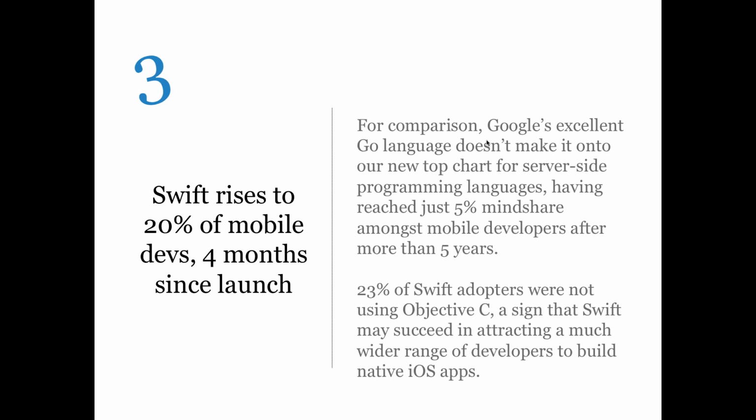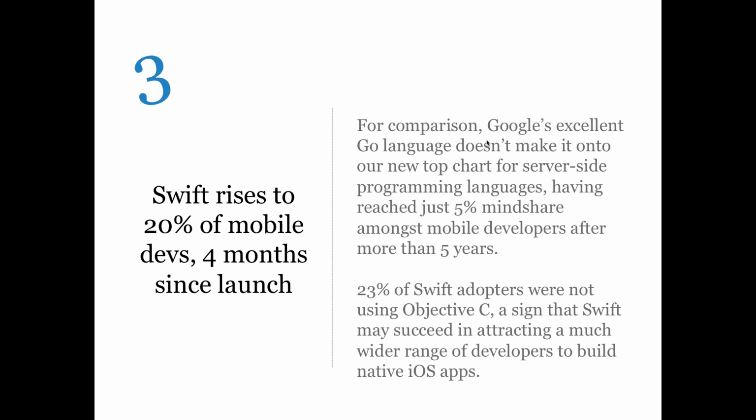For comparison, Go went from 0 to 5% mindshare, in other words, use of that language by mobile developers, within 5 years. Swift accomplished 20% in just 4 months.